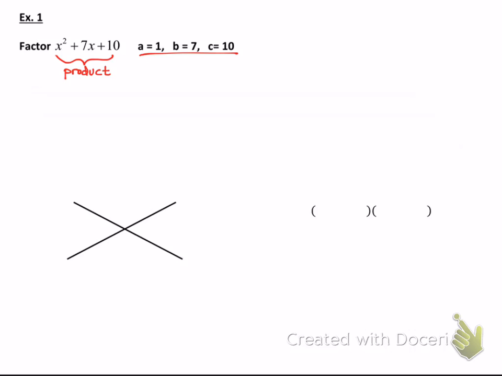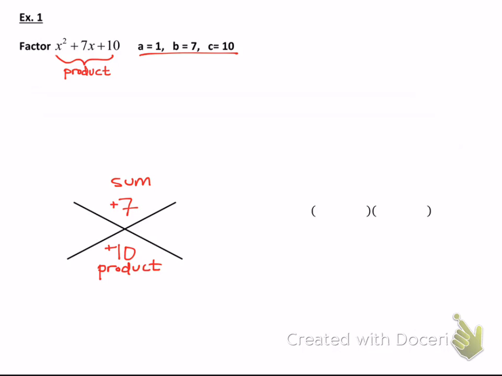So, the way you find it is you have to think about the numbers 10 and 7. Positive 10 and positive 7. And so the question is, which two numbers give you a product of 10 and a sum of positive 7? A product of 10 and a sum of positive 7.